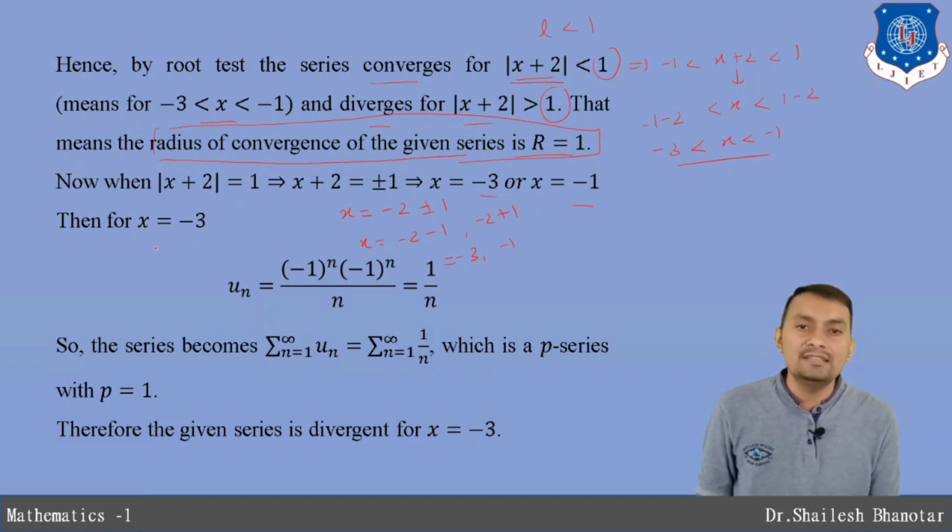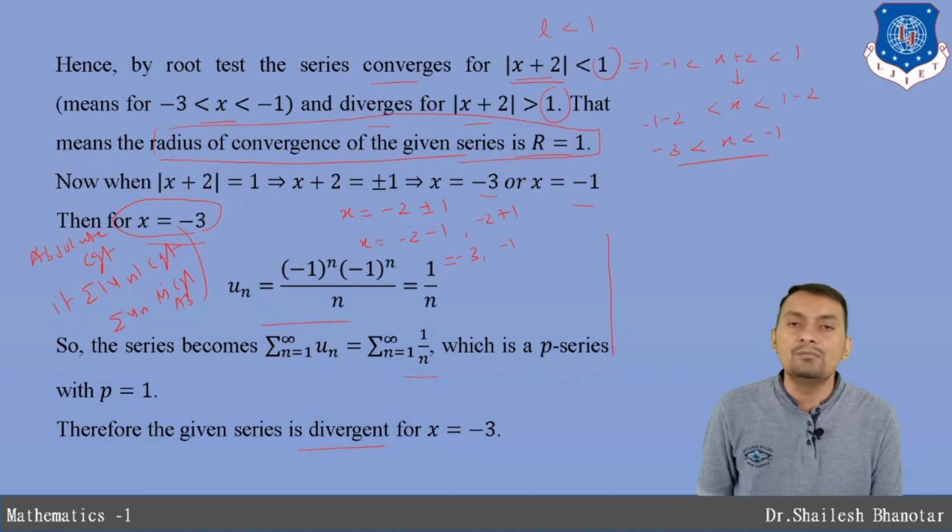So let us first start with x = -3. We will get this series, and that is going to be 1/n, and therefore the series is divergent because of the p-series test. We are also going to discuss whether the series is convergent absolutely or conditionally. When we say the series is absolutely convergent, if the absolute value of u_n is convergent, then we can say that the series u_n is absolutely convergent, and we are going to discuss that particularly when x = -3.